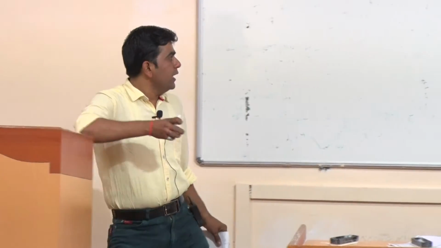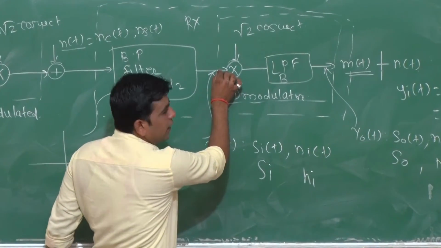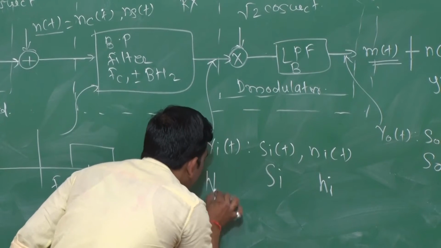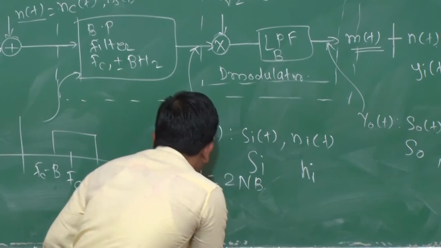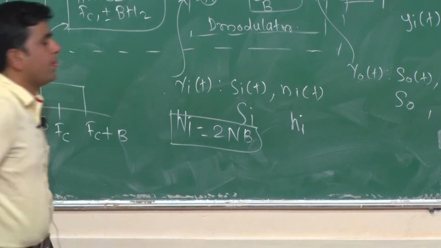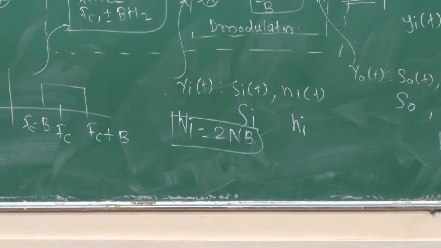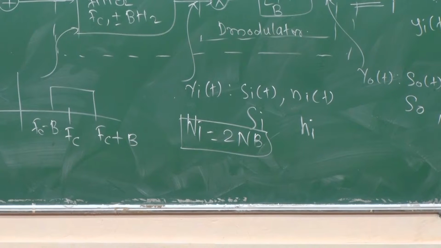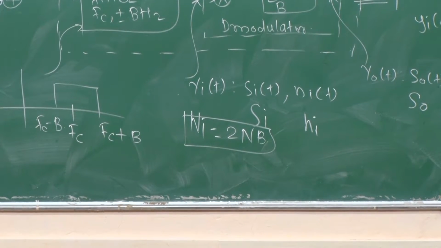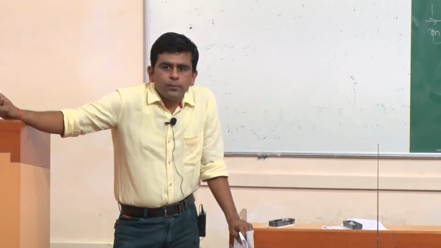Similarly, for Ni, the noise input to your demodulator, this noise is given as Ni, that is equal to 2 NB. So the input signal to noise ratio will be given as m square bar divided by 2 NB.